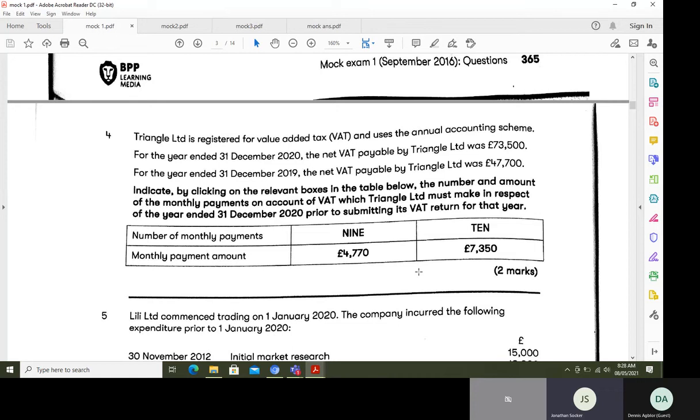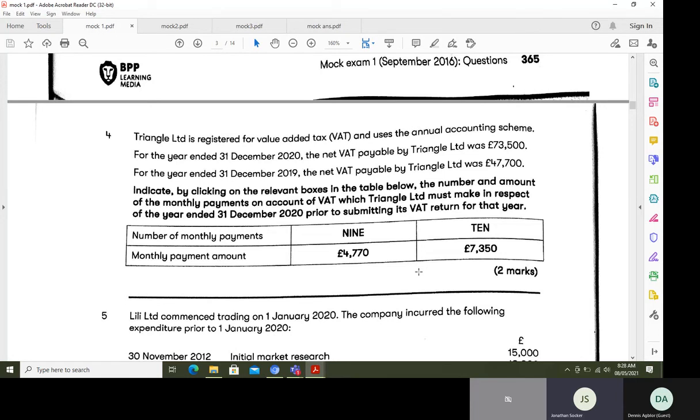You've not read on VAT, so you may not know exactly what the principles applicable to such a question are.